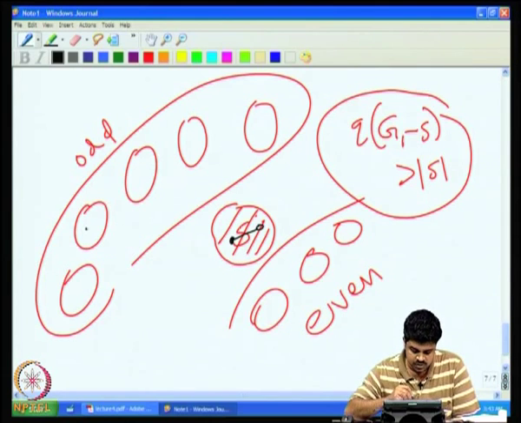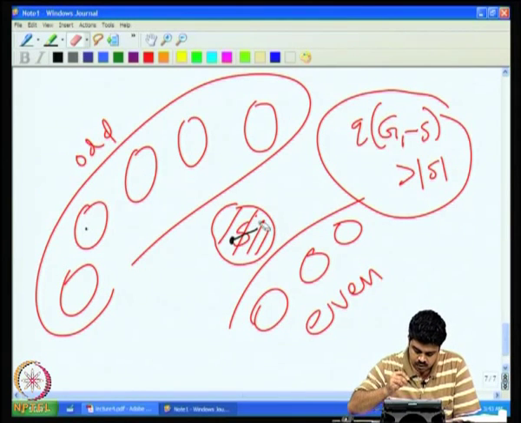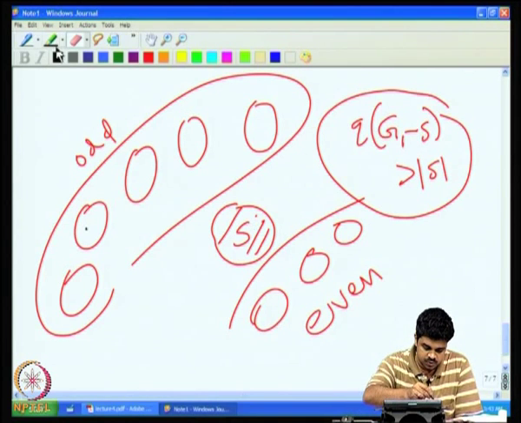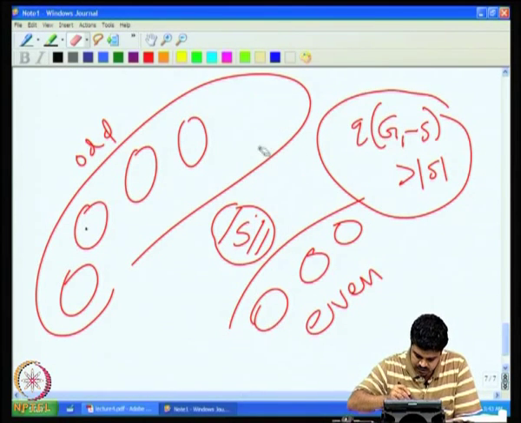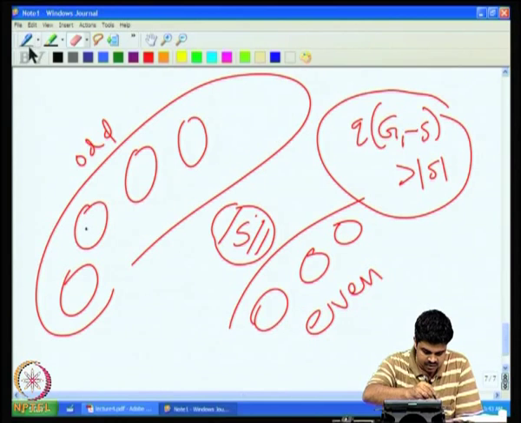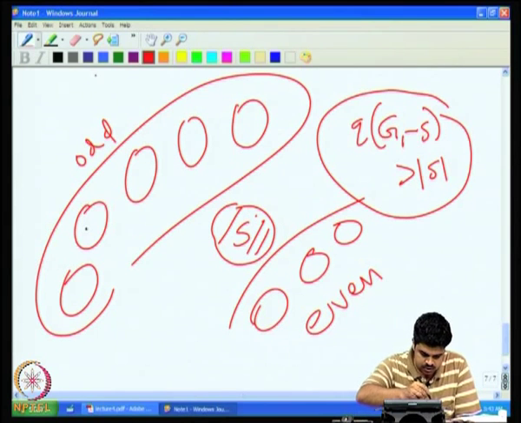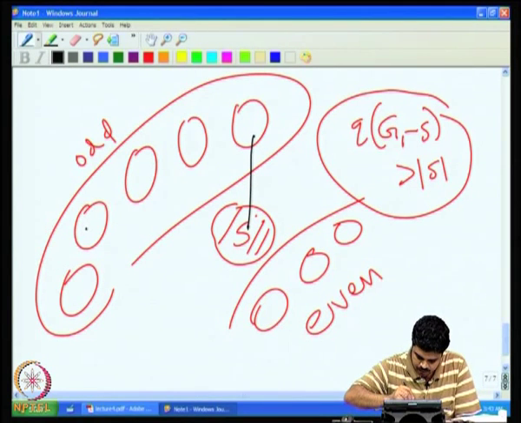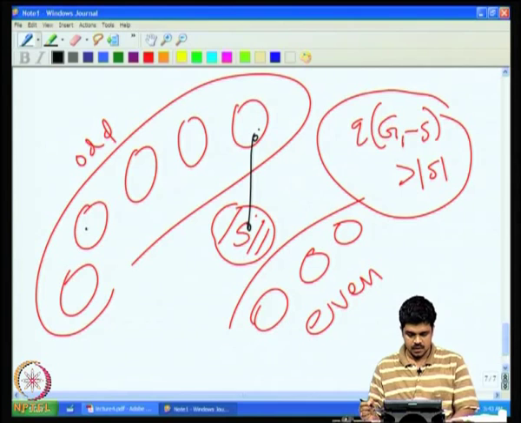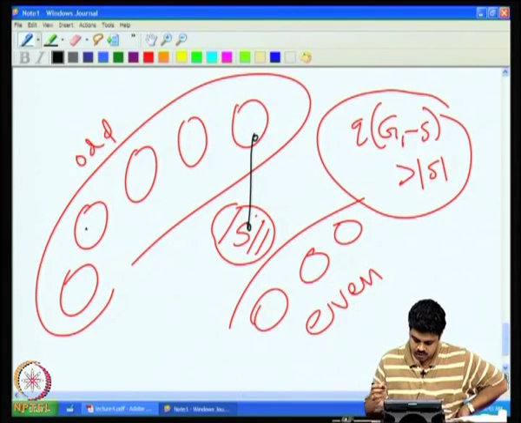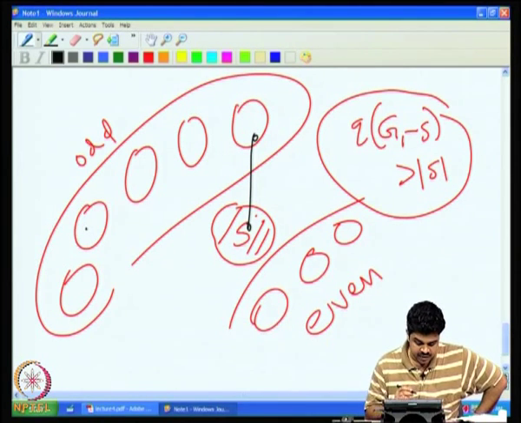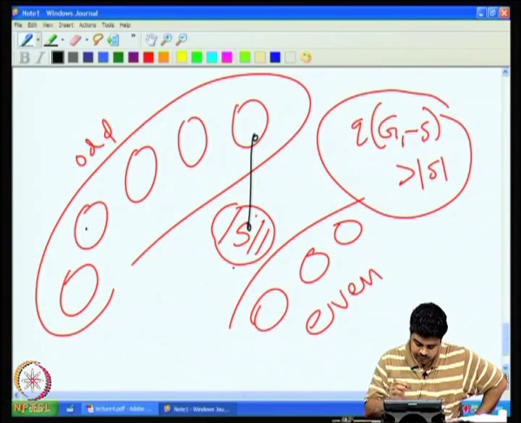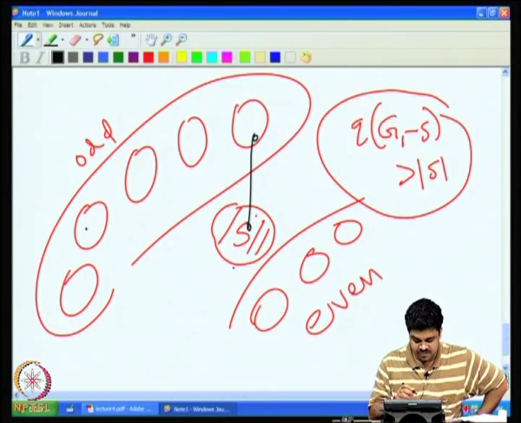Similarly, if the edge was like this, then again we can see that the cardinality of S is anyway not going to change, because it is the same vertex set.